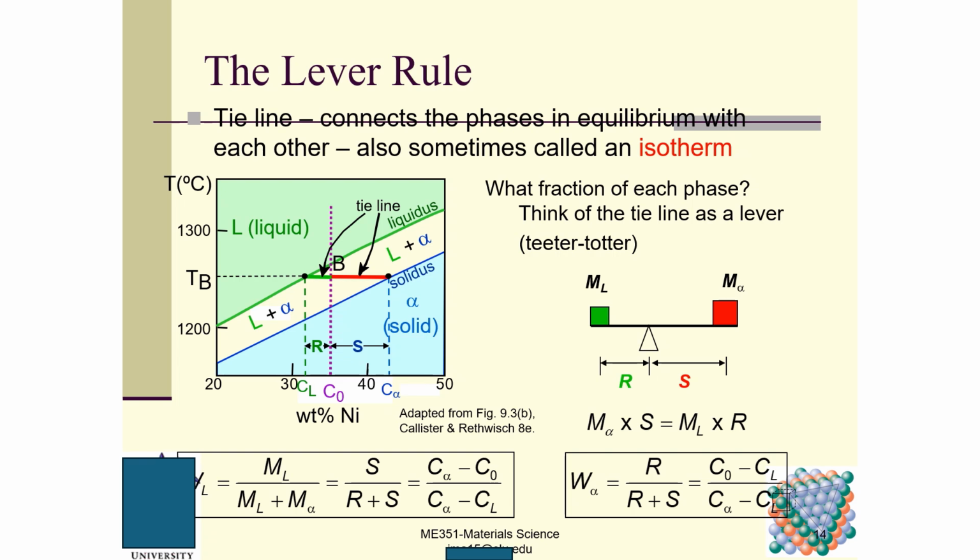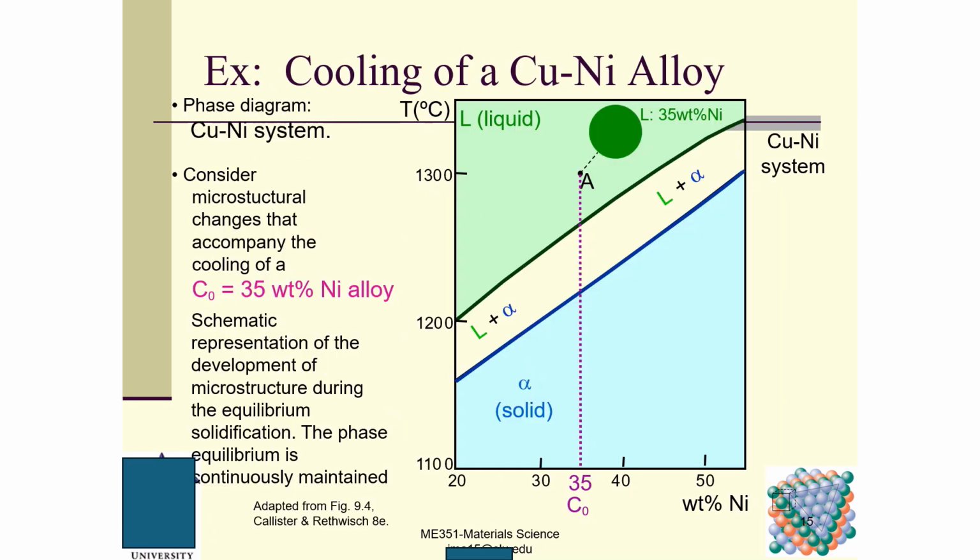The higher mass has the shorter arm, and the lower mass has the longer arm. The same thing holds for our phase diagram. Other questions so far? No questions? We move on to the next step.